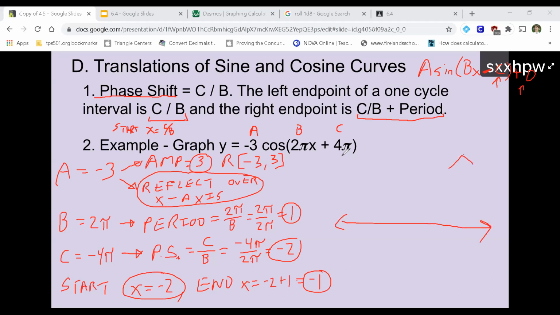All right, and now I have all the information I need to graph this by hand. So it's going to go as high as 3 and as low as -3. I'll start at x equals -2, and I will end at x equals -1.